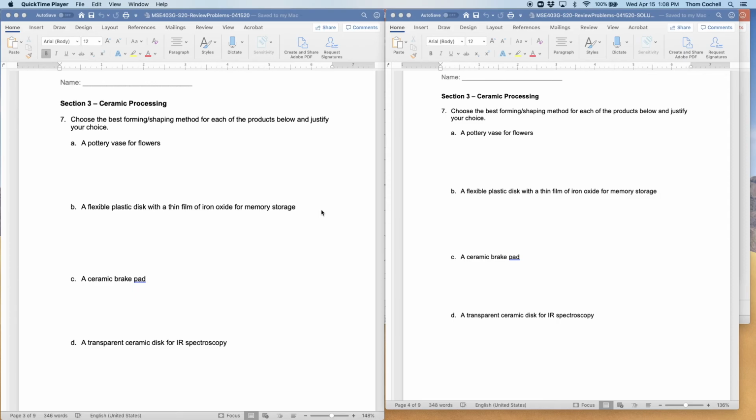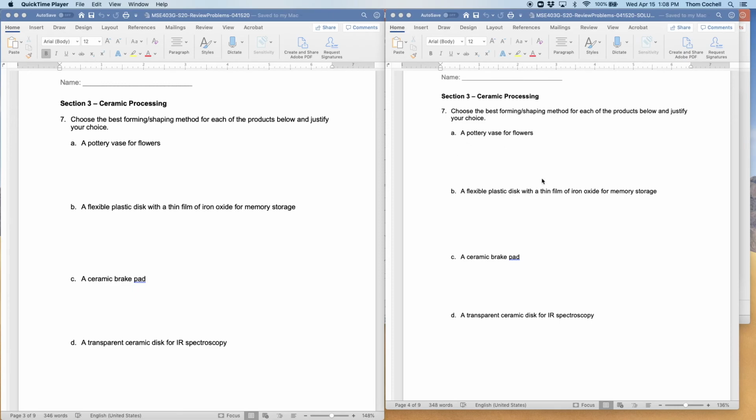We've talked about some forming or shaping methods, and so I want you to choose one of those that we've talked about and see if you can justify your answer. Based on what this is and what type of material it is, what the general shape of that object is, you should come up with one of these forming methods and then justify why you chose it. As long as your justification is good, then that should work.